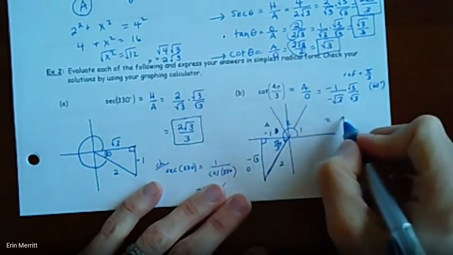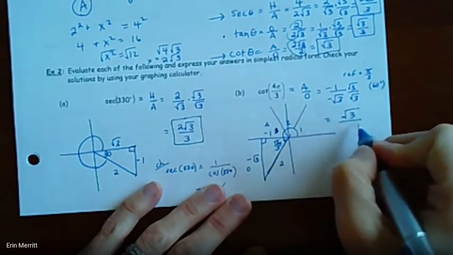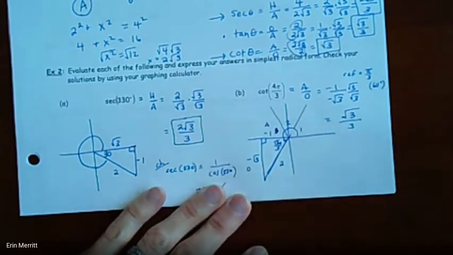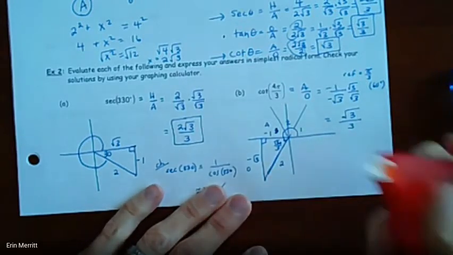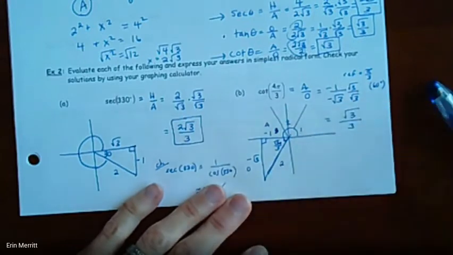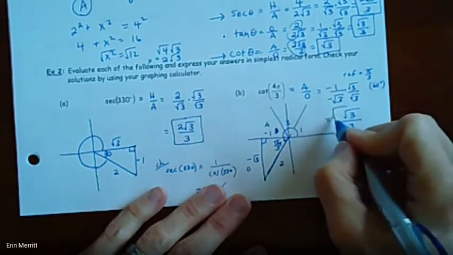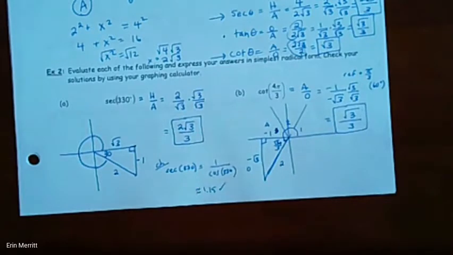The negatives are going to cancel as well, so we just get radical 3 and then over plain old 3 there. All right, that should be our answer. And again, if you're going to check on the calculator, you have to type it in as 1 divided by the tangent of 4 pi over 3, and you have to make sure that you're in radian mode.